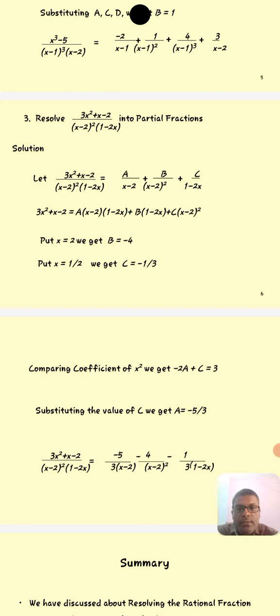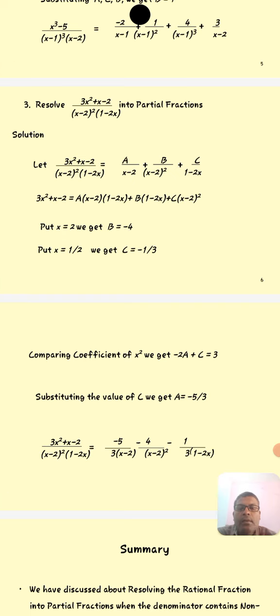So when we substitute here, we get 3x square plus x minus 2 divided by x minus 2 whole square into 1 minus 2x is equal to minus 5 by 3 into x minus 2, minus 4 divided by x minus 2 whole square, minus 1 by 3 into 1 minus 2x.